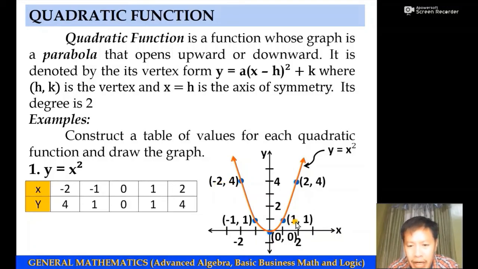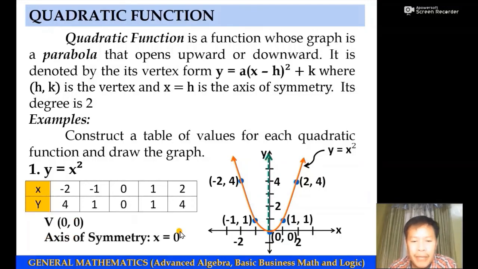And this point 1 and 1 is symmetric with the point negative 1 and 1. And the origin is symmetric with itself. Now, our axis of symmetry is this one with green color.